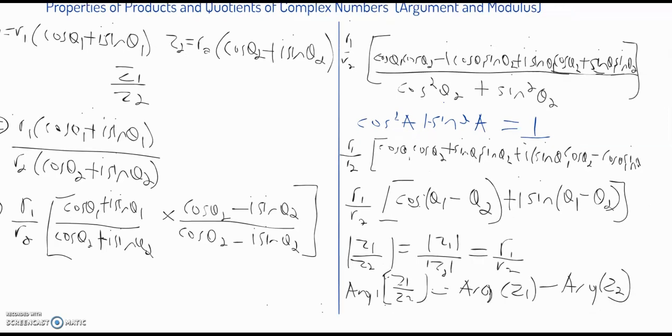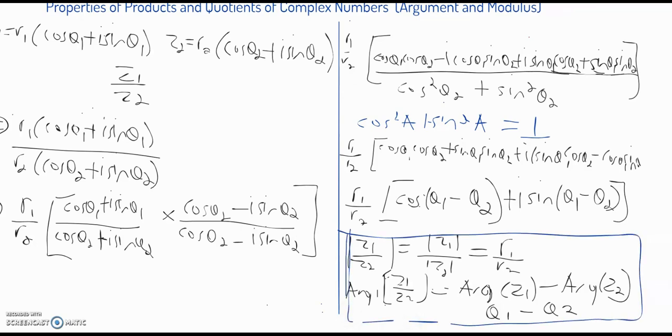And this is really theta 1 minus theta 2. So once again, this part here is very critical. Very important. And we're going to do an example to see that this actually does hold true. In my example, we're going to do it the long way, and we're going to verify by using the properties here. So let's go right into it.